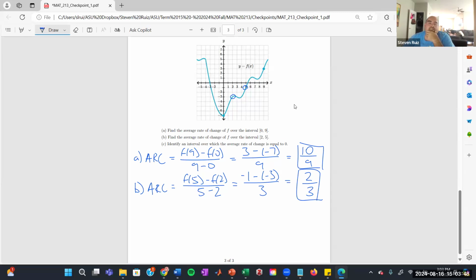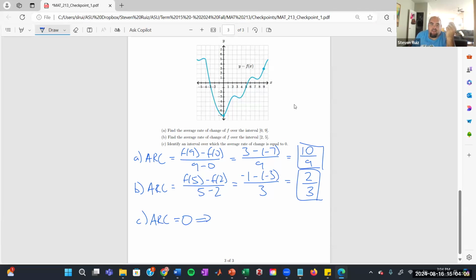Part C, this question asks us to go in kind of an opposite direction. I want to find an interval over which the average rate of change is equal to 0. So now I'm giving you an average rate of change, and I want you to give me an interval where that's going to happen. What does it mean for the average rate of change to be equal to 0?